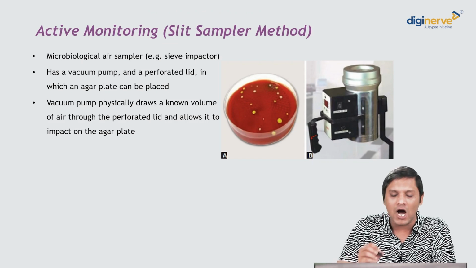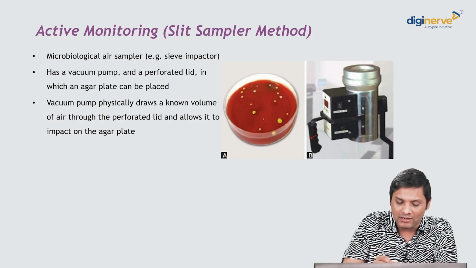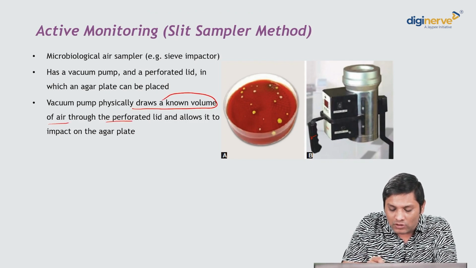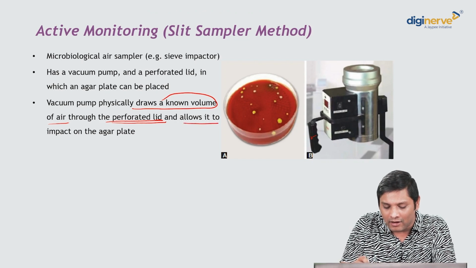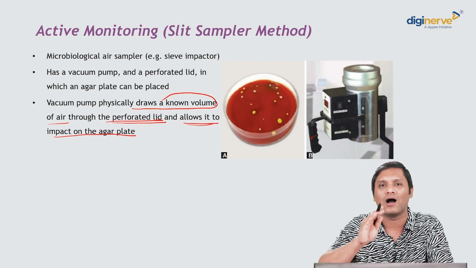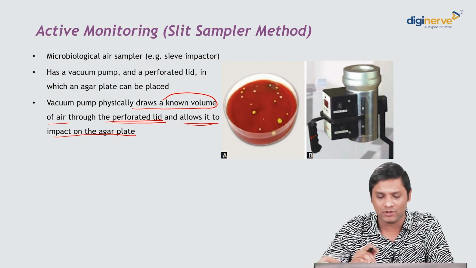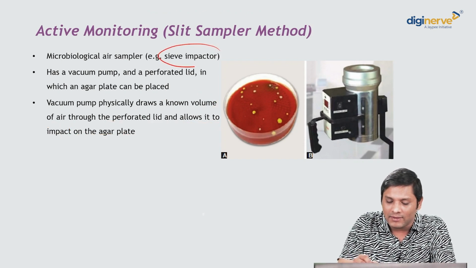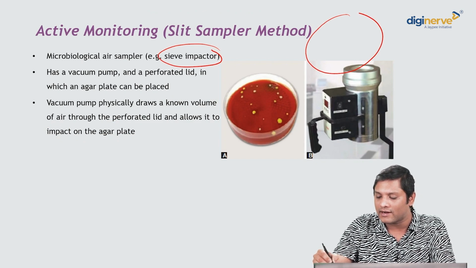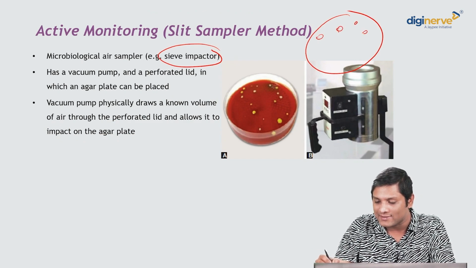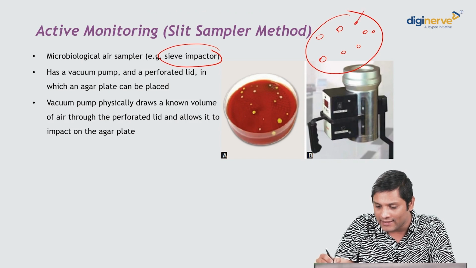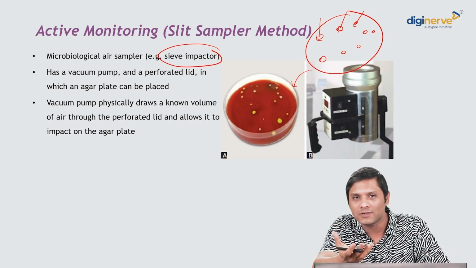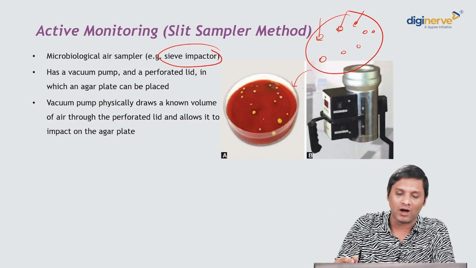When you switch on the machine, the vacuum pump will work and physically draw a known volume of air through the perforated lid, and it allows it to fall over the agar plate. It allows it to impact over the agar plate, and therefore it is called a sieve impactor, because the perforated lid has holes or sieves through which the air is sucked inside and allowed to impact over the culture plate.